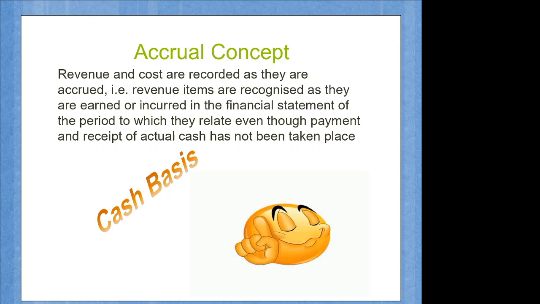Now, the rent for the previous 2 months is not yet received. But since those 2 months have passed, the rent is payable by the opposite party. So that rent we have earned, it is accrued to us. Even though we have not received it in cash, it is still to be shown in the books of account on the basis of the accrual concept. So books of accounts are generally not maintained on cash basis, they are maintained on accrual basis by default.